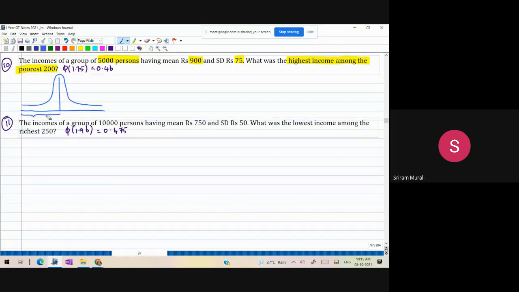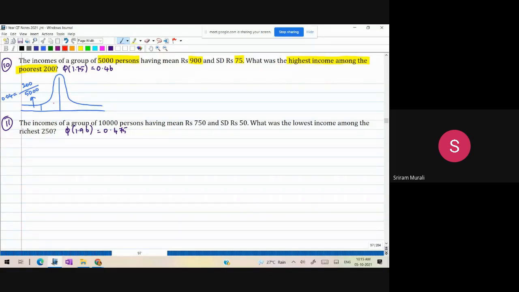So how many are in the poorest? Like the first problem, in 5,000, 200 are poorest. So this is 0.04.